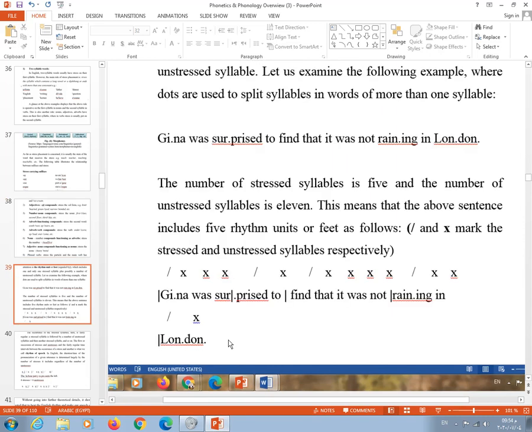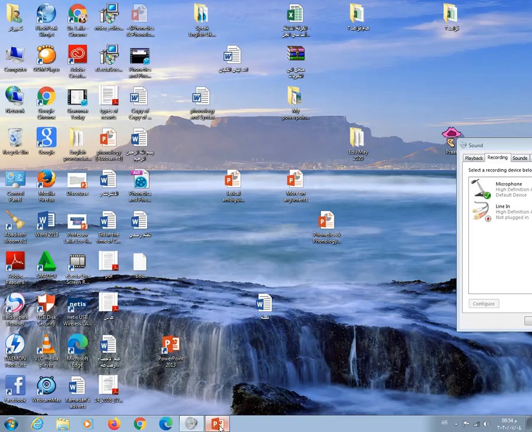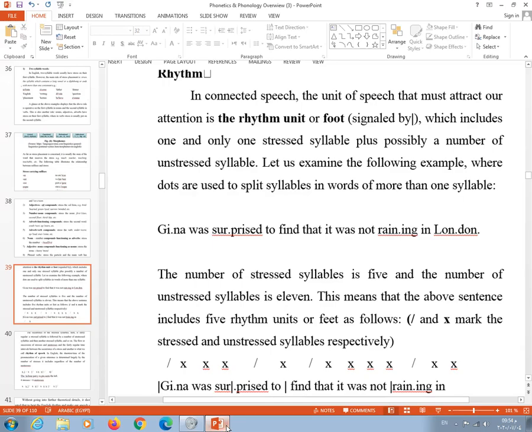And then we move to another aspect of connected speech, which is rhythm. Rhythm has to do with anything that is taking place at a regular pace. In speech, the succession of stresses and unstresses is what we call rhythm.